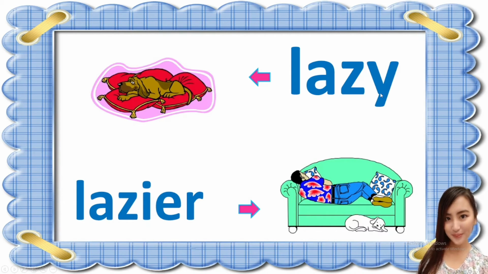So this adjective ends with Y, so we need to change Y to I plus ER. Again, change Y to I plus ER. So lazy becomes lazier for the comparative form.